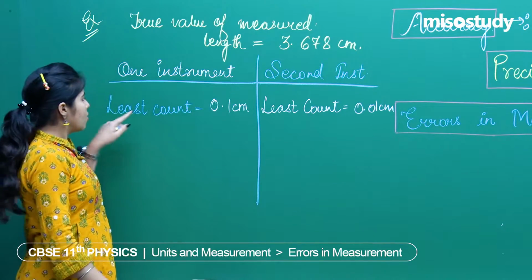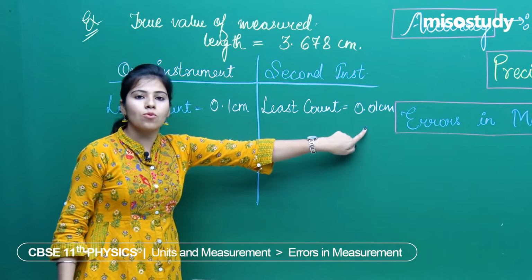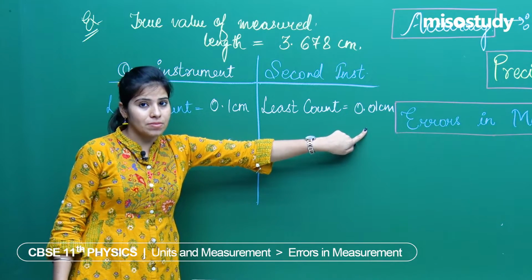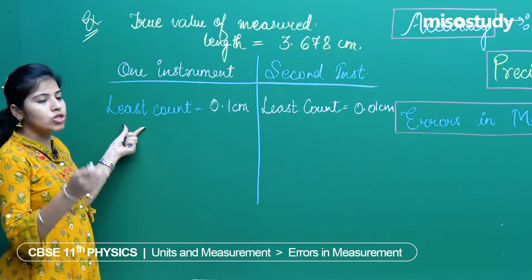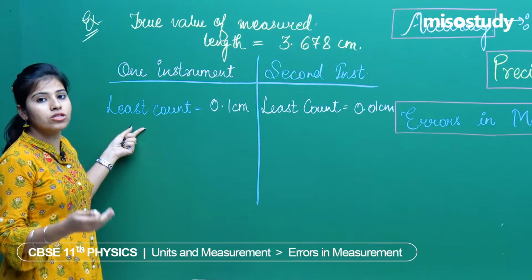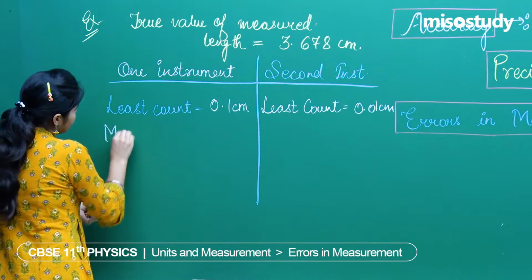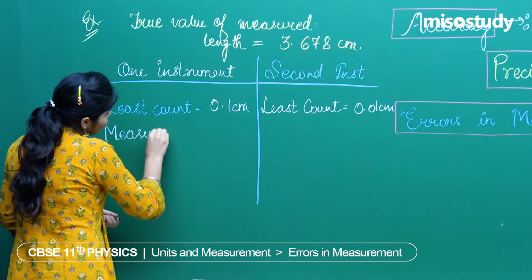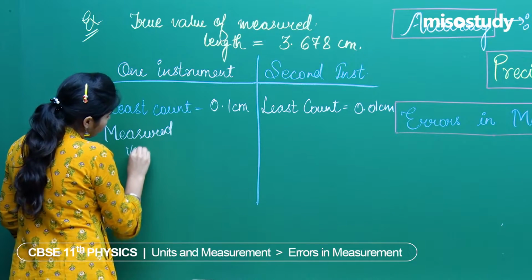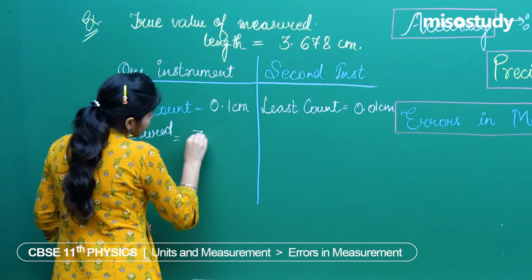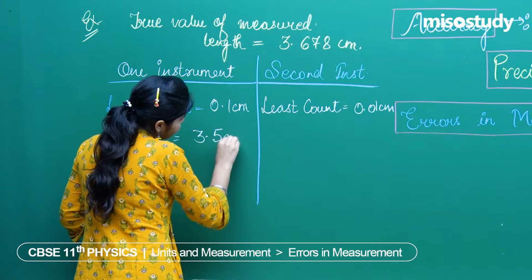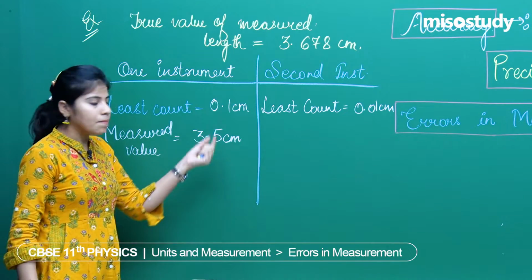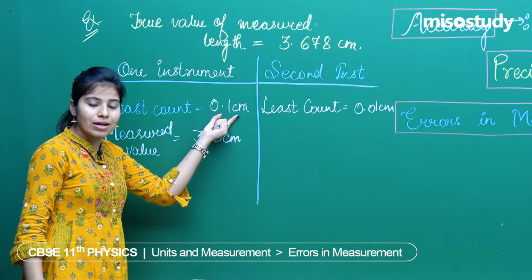Now if I use these instruments to find the measured value, using instrument 1 it was, suppose, 3.5 centimeter, because 0.1 centimeter is the least count.